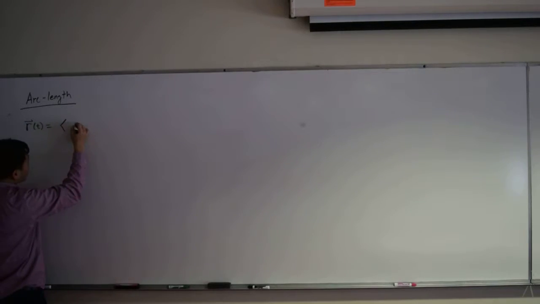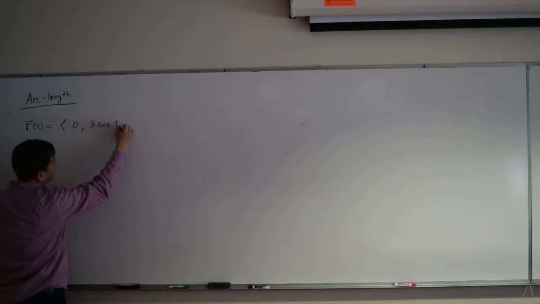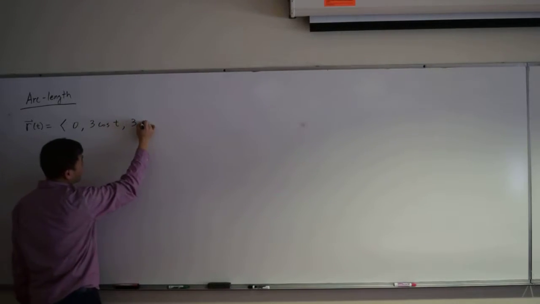Yeah, let's do something kind of obvious. Let's say your r(t) is 0, 3 cosine t, 3 sine t.